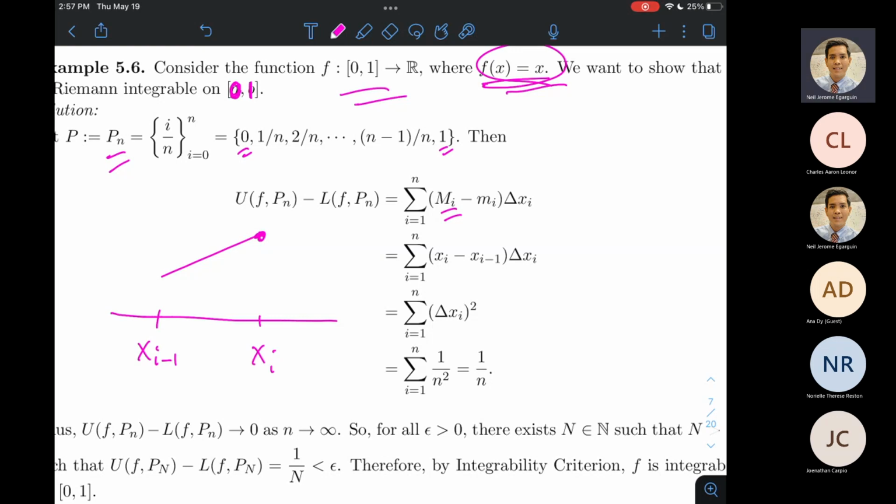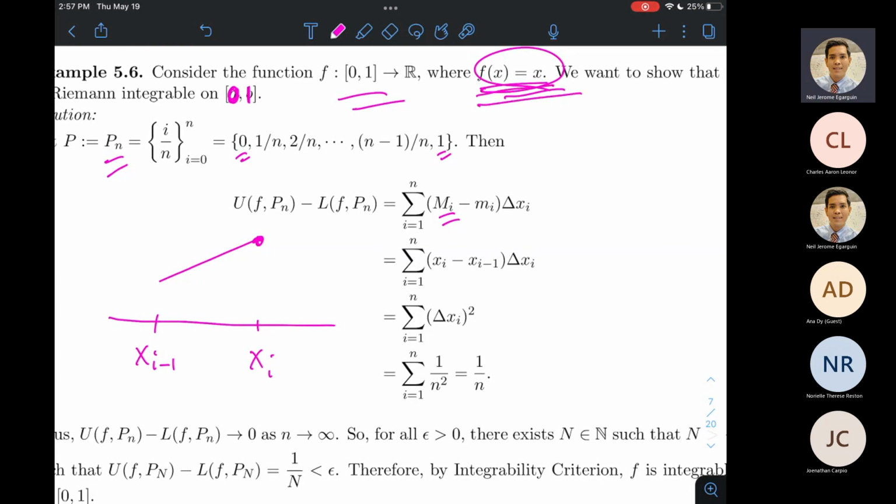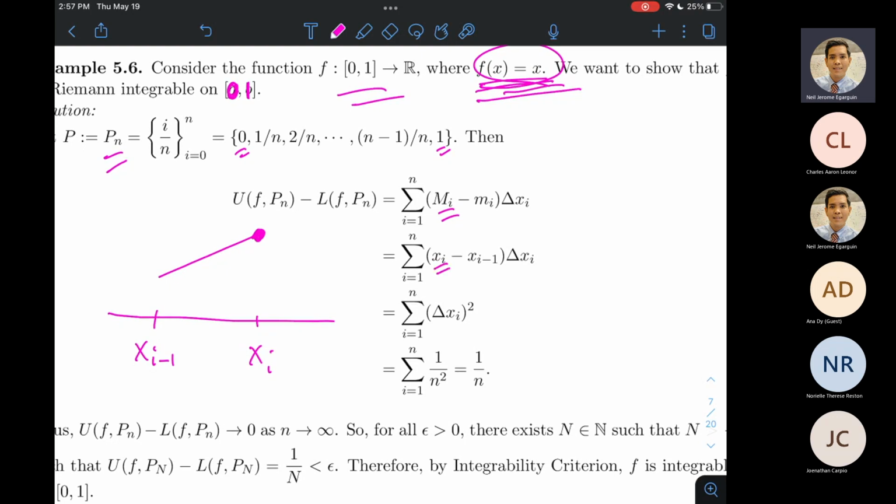Tapos identity function lang to, f of x equals x. So ibig sabihin ang supremum dun sa ith subinterval ay yung function value ni x sub I, which also happens to be x sub I itself. The same thing goes for the infimum. That will just be the left endpoint x sub I minus 1. Okay?